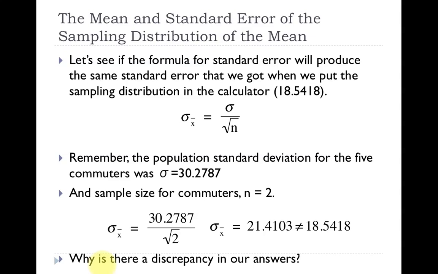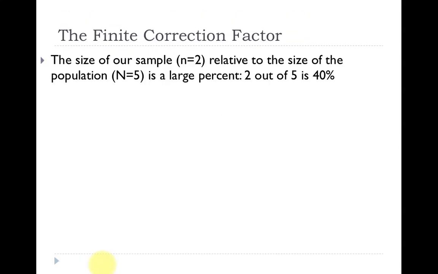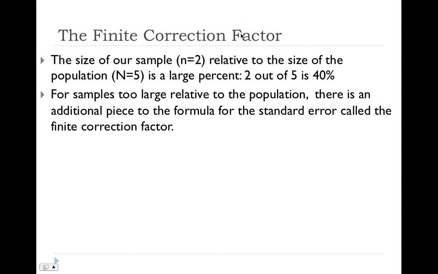The reason is that our sample of size 2 relative to the population of size 5 is very large. If we take our sample size 2 and divide it by 5, we see that the proportion is 0.4, or 40%. When we have a large sample to population ratio, we have to apply a factor called the finite correction factor.